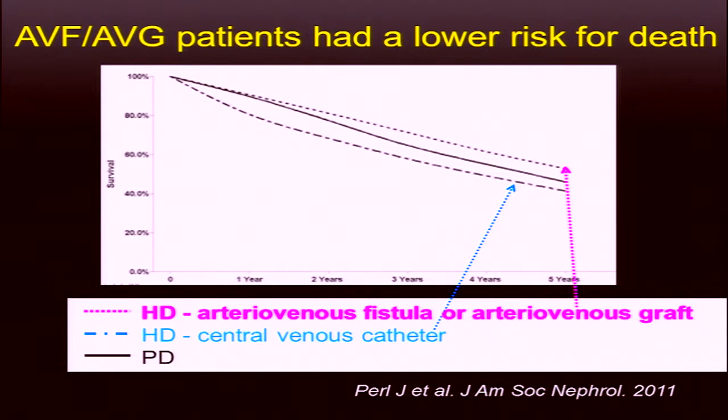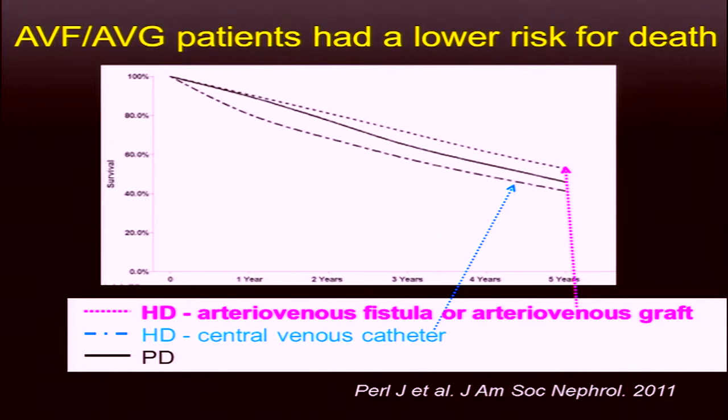Fistula, I think Dr. Kleiger mentioned, is one of the big factors which affect the risk of death. It's from a JASN paper comparing native fistula or graft versus central venous catheter.